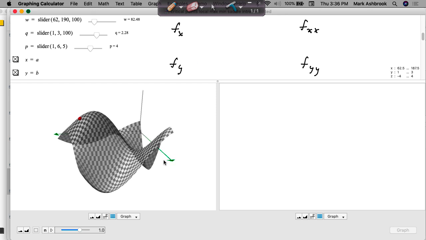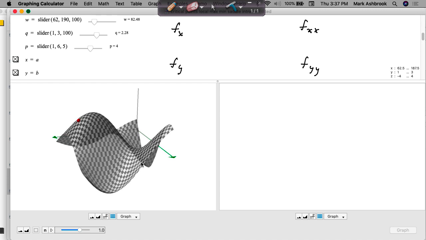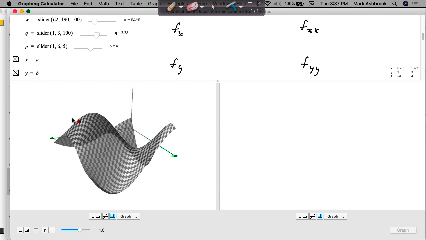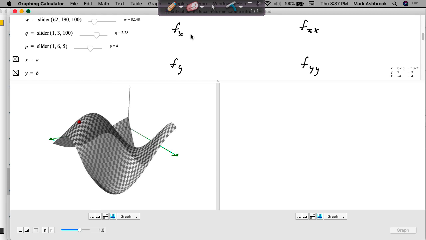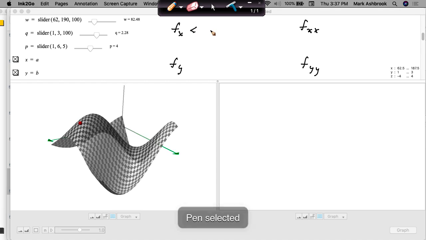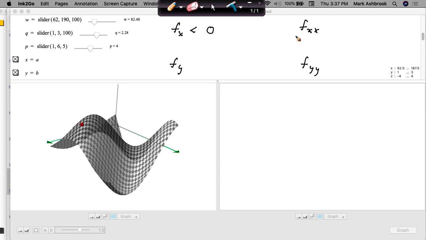What's decreasing right here? Z, right? So that means the partial with respect to x is negative, right?